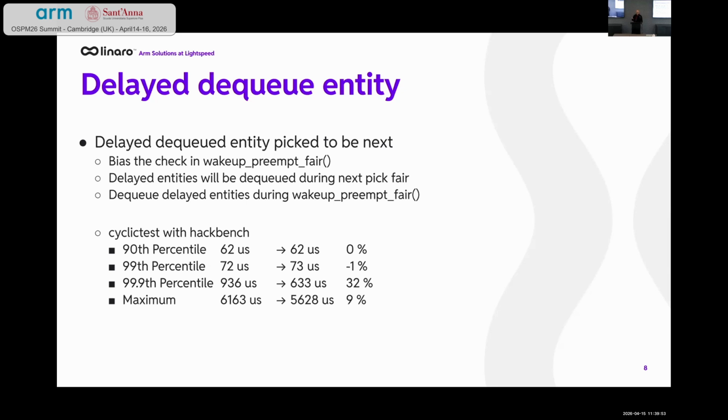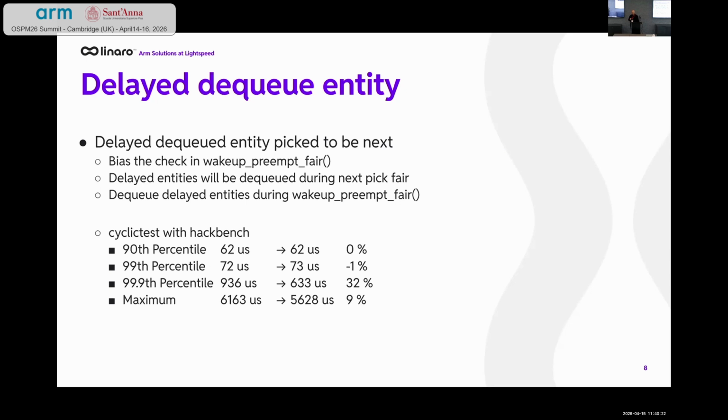But the main problem is that the delayed DQ will only be dequeued. I mean, if it's the next one to be picked, we'll just dequeue it and that's it. But because it's there, we are not preempting the current task. So in this case, what I have done is that when we are checking if we could preempt, so when we are picking what will be the next in the wakeup preempt, if it's a delayed DQ, I dequeue that and I recheck what will be the next one.